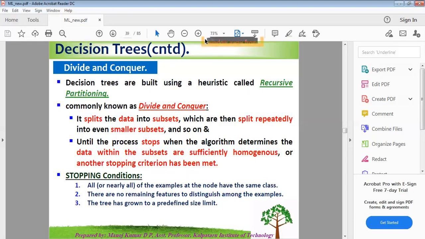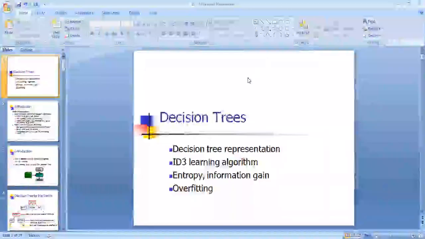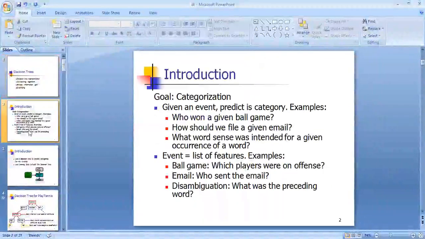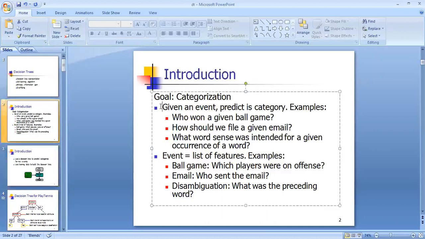We can easily understand this concept using an example, so I will go with an example and take some scenarios also. Now for decision trees, here are some examples. Given an event, credit is the category.